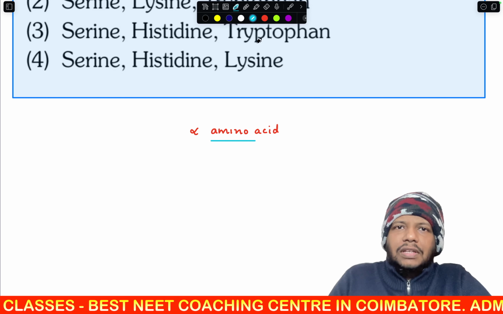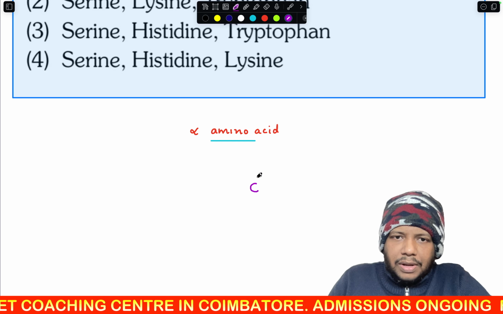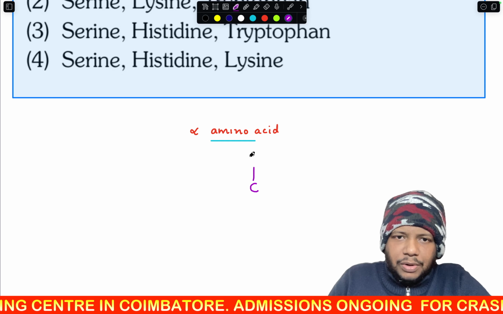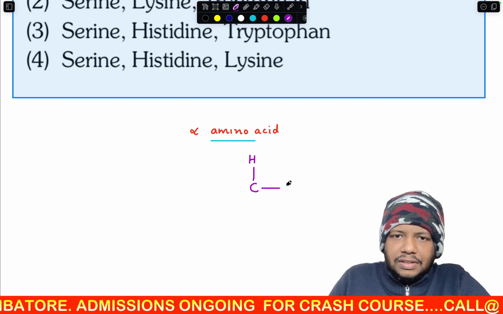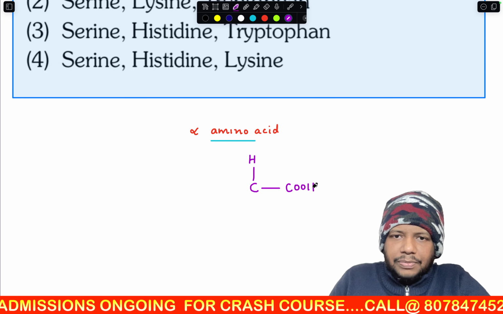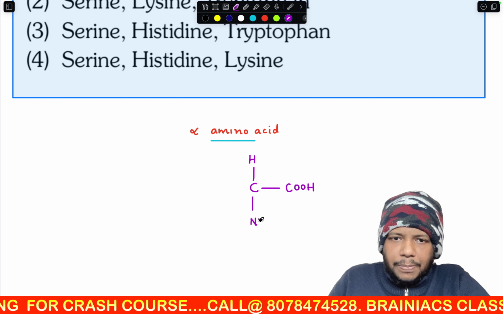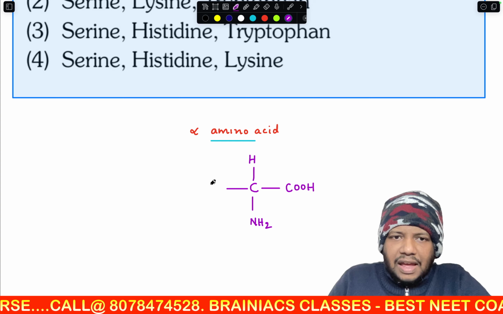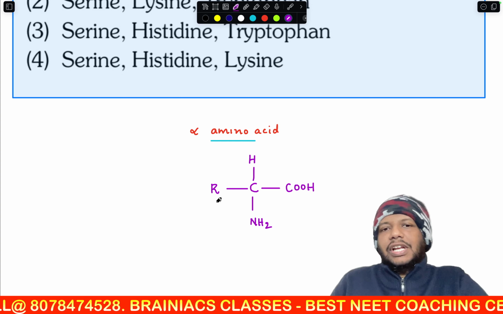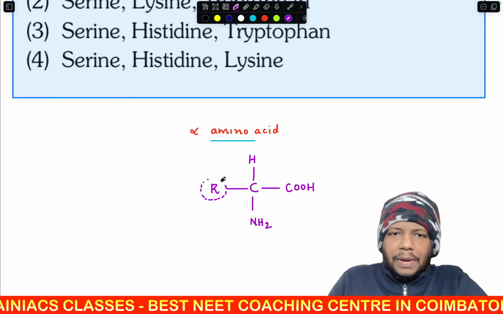If you look at the fundamental unit of an alpha amino acid, it will have a carbon, then one hydrogen present here, a COOH unit, and an amino group. Next, we can have an alkyl group or even a hydrogen atom. Different amino acids differ in this R group.